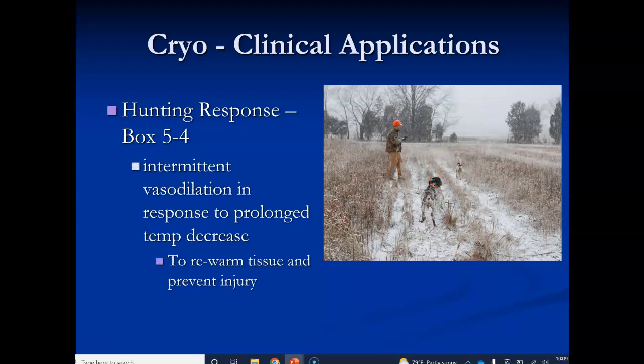If you leave it on long enough, the body is going to try to rewarm itself, vasodilate, and actually do the opposite of what we want it to do. So that's the concern. Read that as we go through. When you look at research, the temperature of the tissues starts to go up, but is that because of the blood vessels?